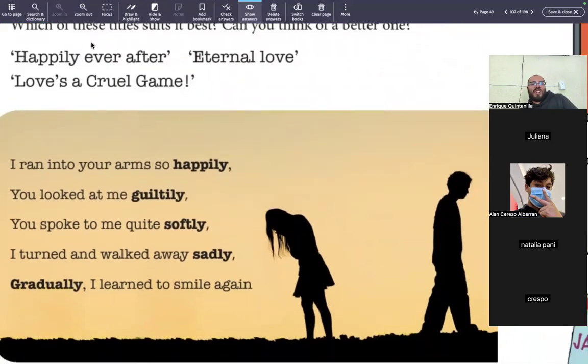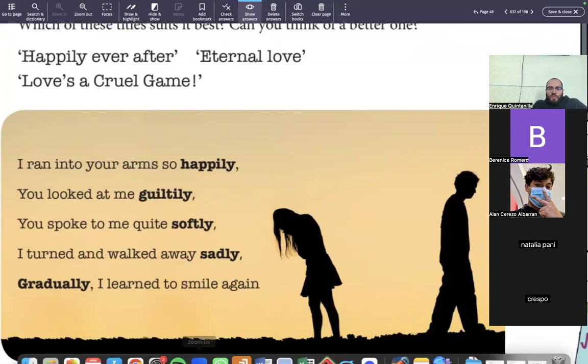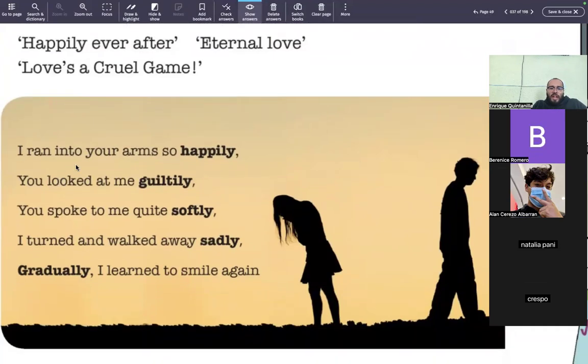What is the heading for this poem, guys? Love's a game. Yes, exactly. Love's a cruel game. So as you can see, I ran into your arms happily. You looked at me guiltily. You spoke to me softly. I turned and walked away sadly.